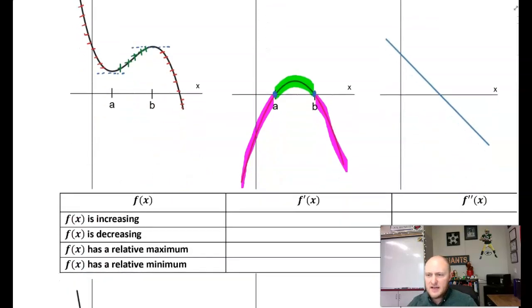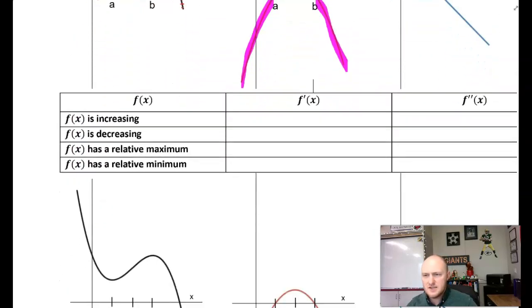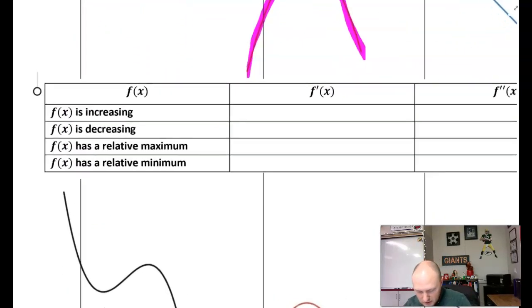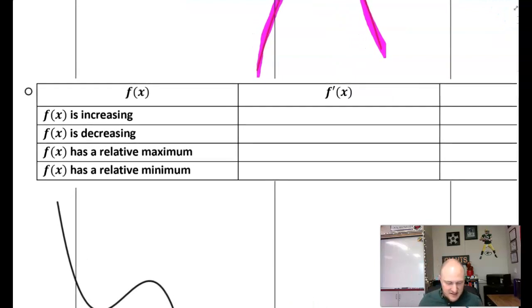Okay, so let's look at what this tells us about our function. If f of x is increasing, then f prime of x is greater than 0. And if f of x is decreasing, then f prime of x is less than 0.